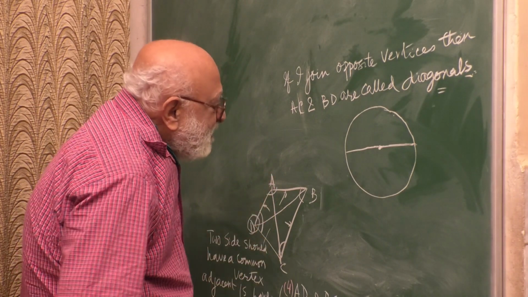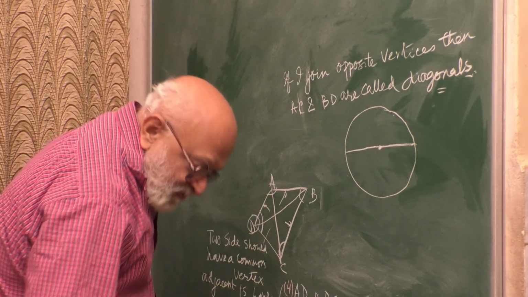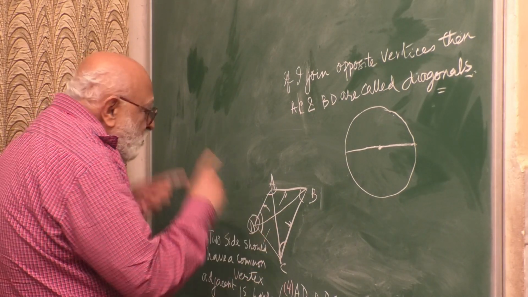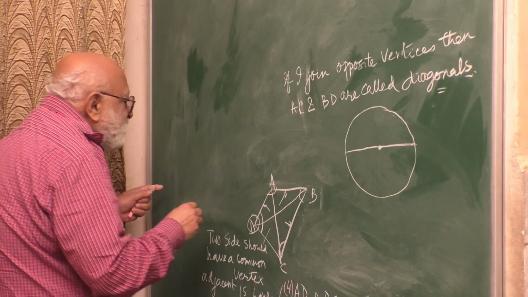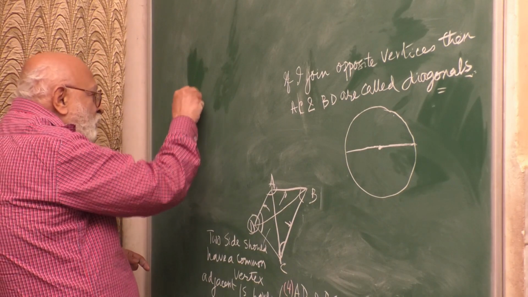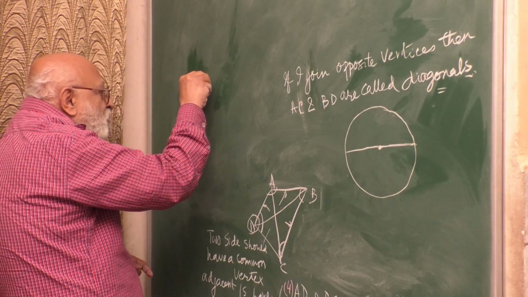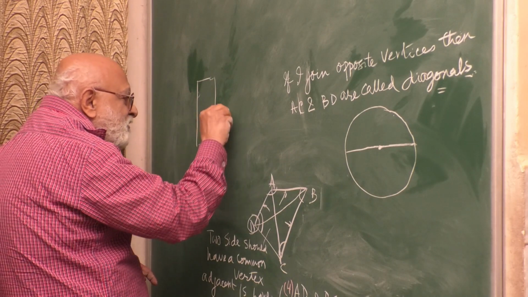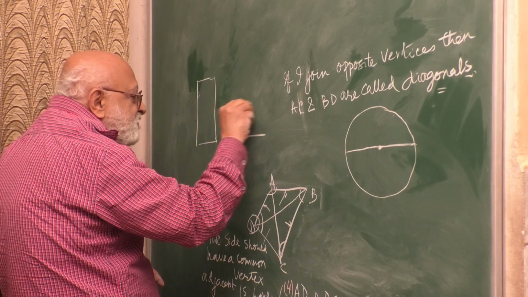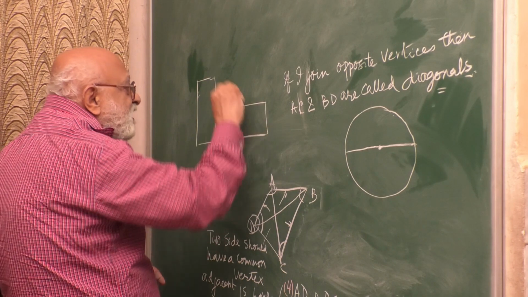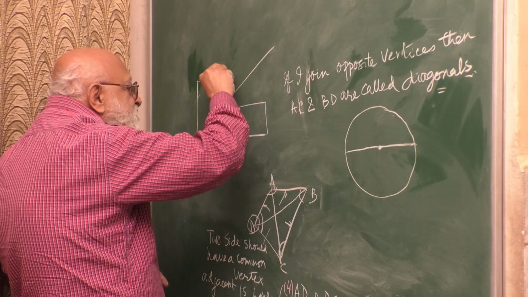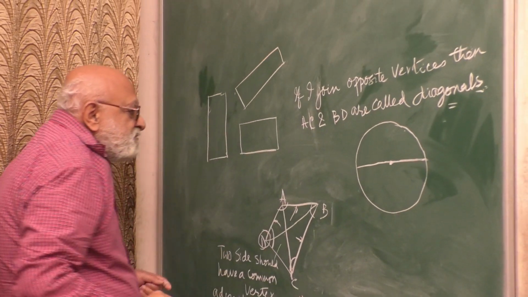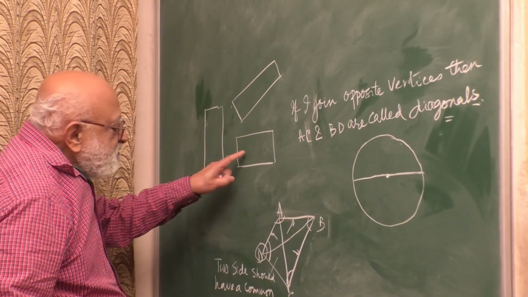Okay, now let us go a little bit further on this. So we will start with a rectangle. We will always draw rectangles like this, but a rectangle can also be like this, or like this. So they are rectangles.